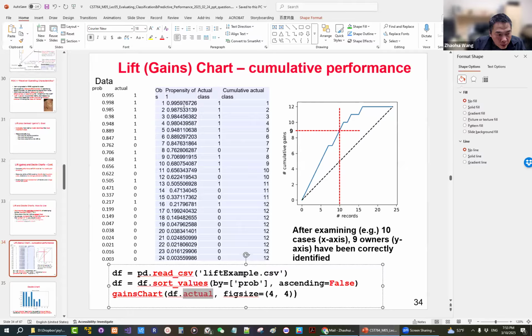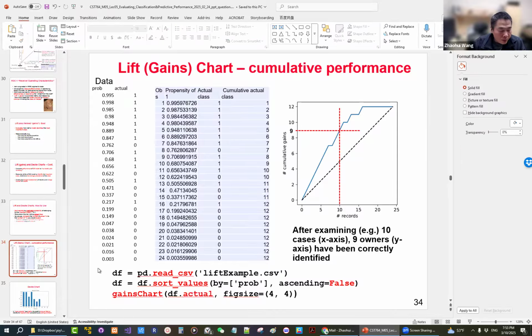So after sorting the values, we realize this table, and we use the ATU class column to obtain the cumulative class column. Then we can make this plot. So this is the method to realize the lift chart according to the probability distribution.